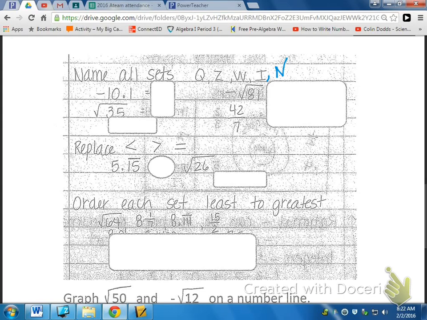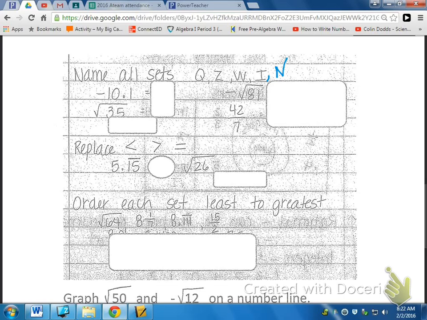Now remember, Q is rational, Z is integer, W is whole, I is irrational, and N we've added in is natural. What's the difference between natural and whole? Only one number, right? What's that number? 0. Whole numbers have 0, natural just start with 1.